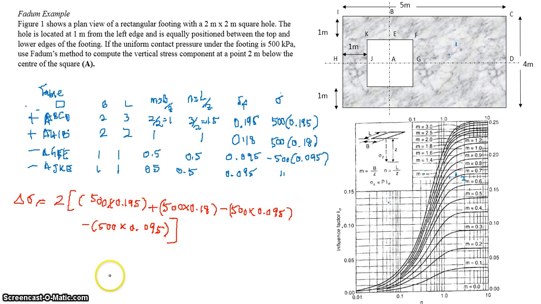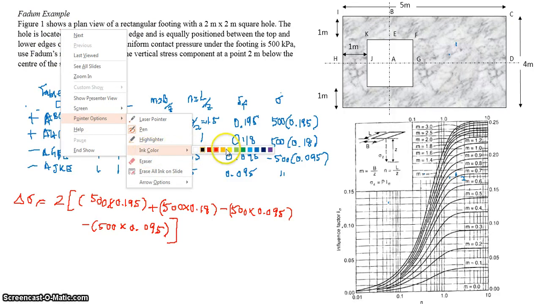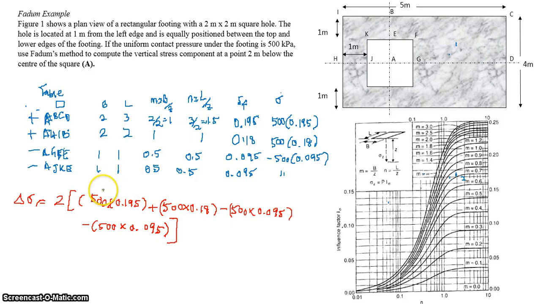So this is for A, B, C, D. This is for A, H, I, B. The next one A, G, F, E, and also this one A, J, K, E. So note that every rectangular or square has a label, which means it obeys the Fadum.